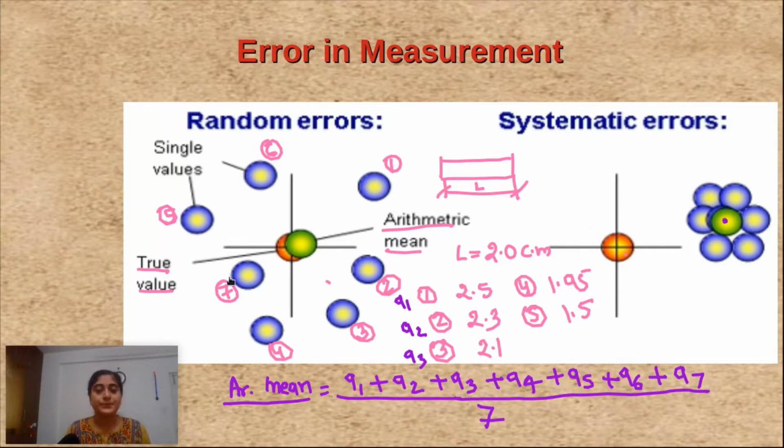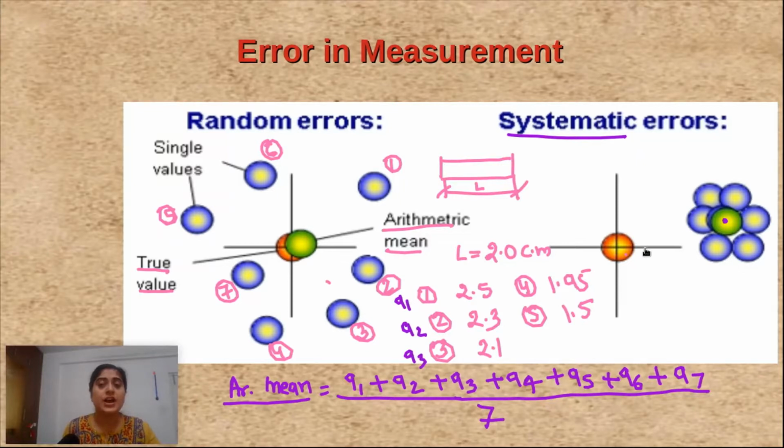Now one more important thing. As I explained in the previous video on accuracy and precision, if you are finding this type of systematic value, then your measuring instrument is precise, but we are getting this type of error, so we can calibrate it. There are a number of reasons for this type of error.